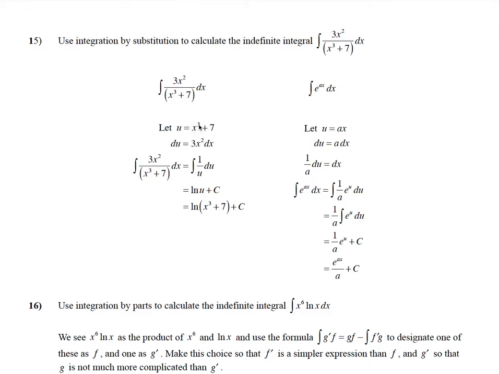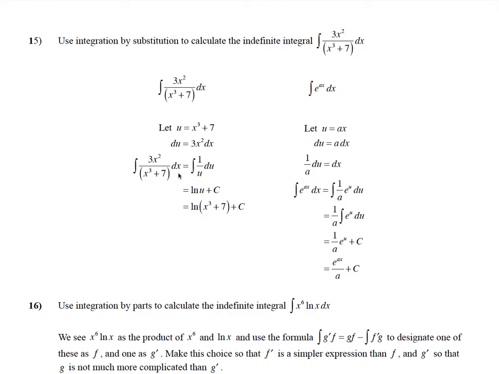We differentiate this term, and that's 3x squared, but then we differentiate the inner function, which is just x, and that gives us dx. And we can see that 3x squared dx is within that integral.